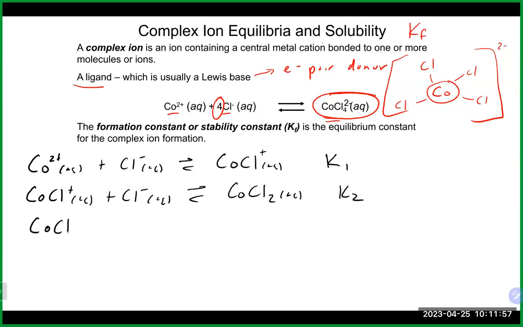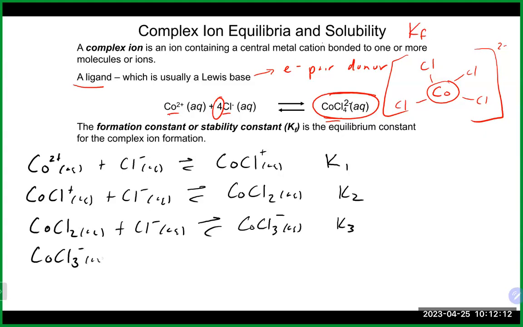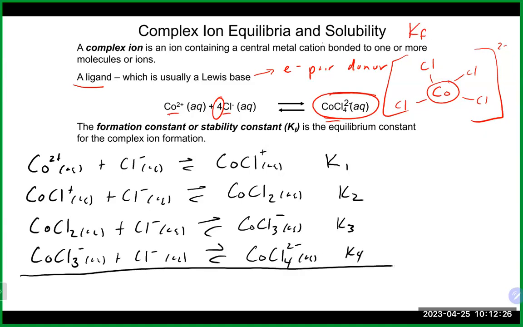Then our CoCl2 would pick up the third chloride, giving us CoCl3-, and now that would be -1. And lastly, this would pick up its last chloride, giving us CoCl4 2-, with K4. Now, it is a stepwise addition as to how ligands come on.